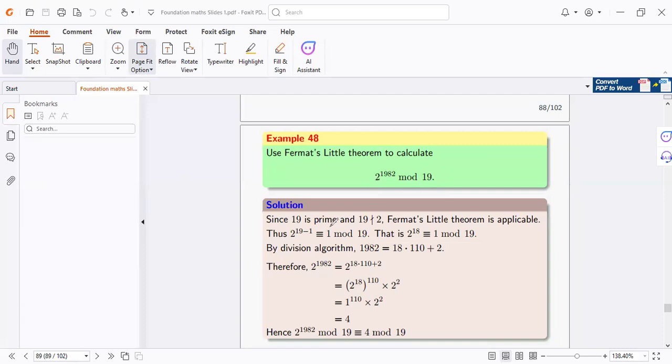What does it say? It says that if those 2 conditions are met, then 2 raised to P minus 1 will be the same as 1 mod P. That's what Fermat's little theorem says.